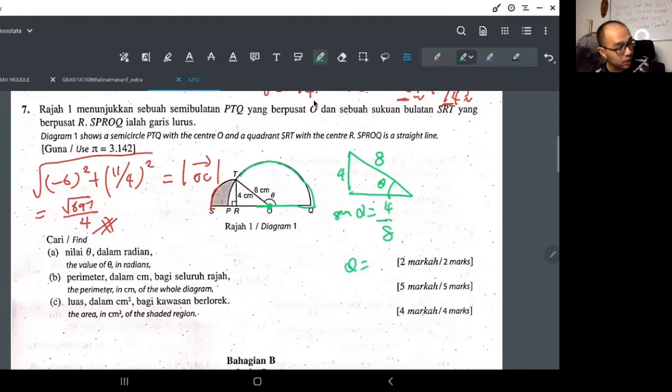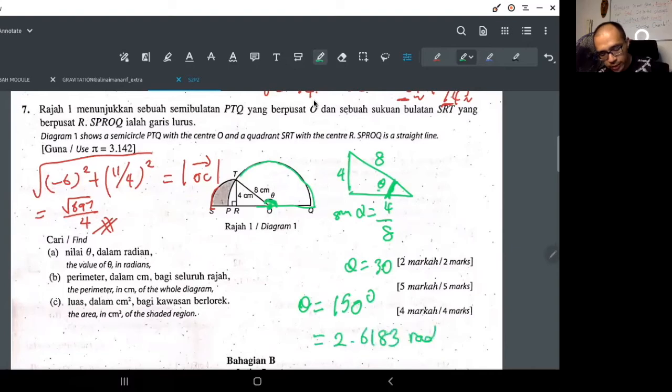So theta will be equals to 30. This theta, sorry, this theta is equals to 30. But this theta will be equals to 150 degrees. And all you have to do is just change the 150 degrees to radians. Changing degrees to radians is an important skill, but you will get the answer 2.6183 radian.